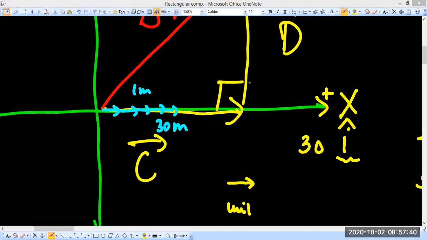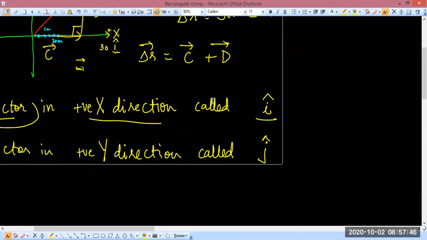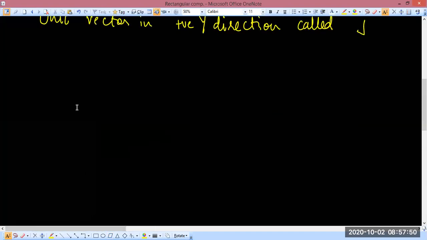I think it shall be better if I draw a separate diagram, a new one. So what I was saying is that if you would draw one I caret, its length would be 1 meter. If you draw one more I caret, its length would be 1 meter.